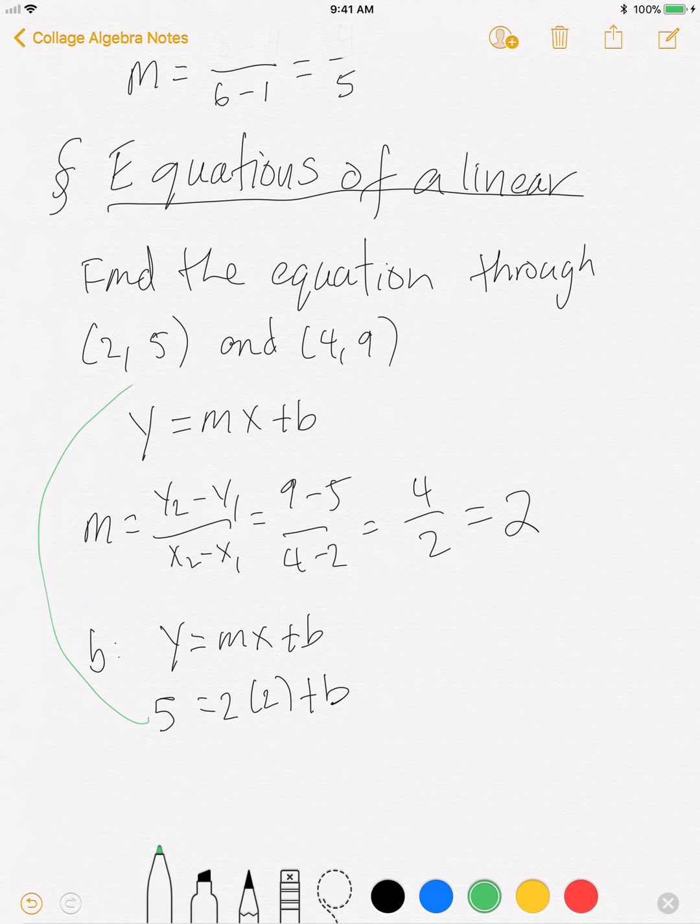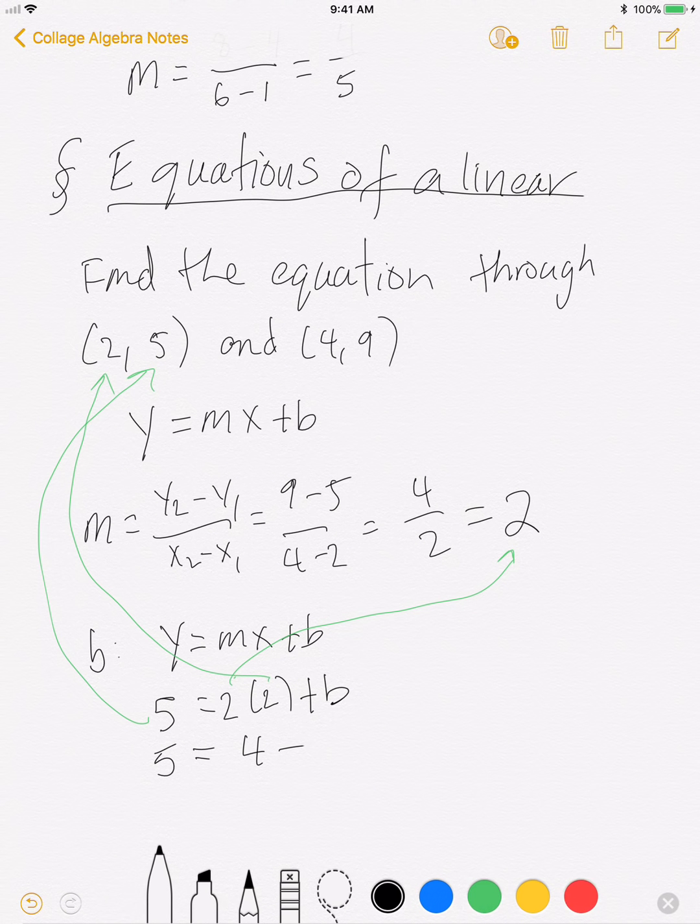The y value comes from the point right here. The x value comes from the x coordinate right here. And of course, your 2 is your slope, which we just found. Now that we have all of this right here, algebra will take us home.